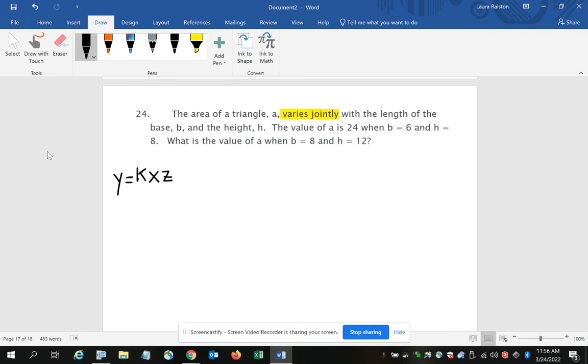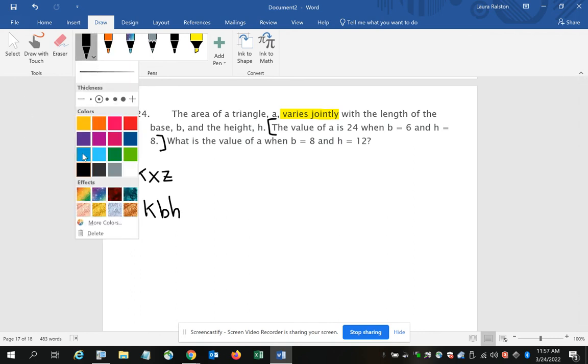So for us it would be the area of a triangle varies jointly with the base and the height. And then the second sentence here gives us the relationship so that we're able to figure out the constant for k. So we're going to substitute.